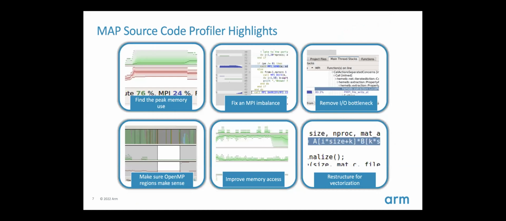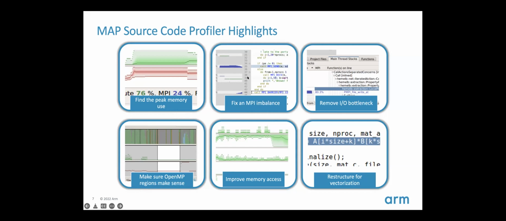So let's talk a little bit about what MAP is as a profiler and how it can work for you. Like we looked at that roadmap before, we have all the different parts in a nice visual GUI. And what I like about it is the different colors are very easy to determine what's going on in your code.